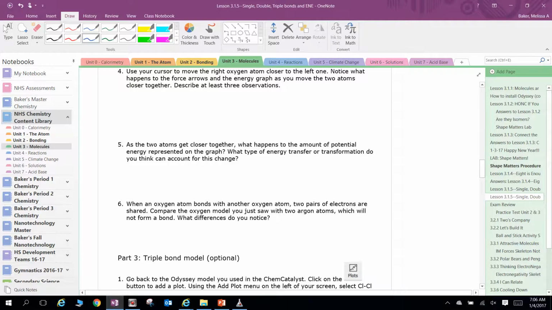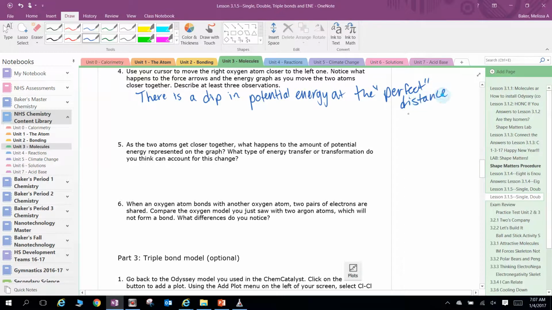It says describe at least 3 observations when you're moving the atoms close together. So we can say there is a dip in potential energy at the perfect distance, which is just the bond length.